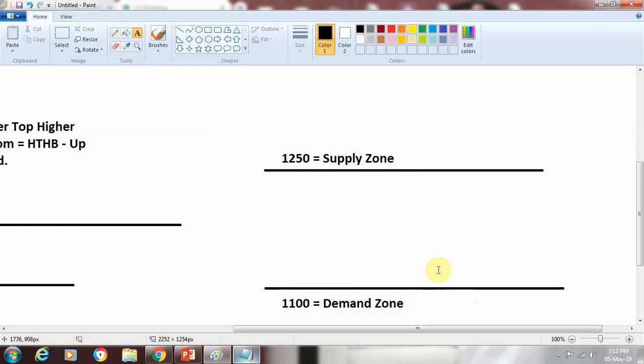What happens is the price in this case will move from the demand zone to the supply zone, and then from the supply zone it will come back to the demand zone.